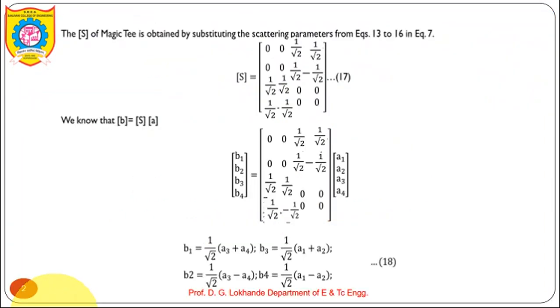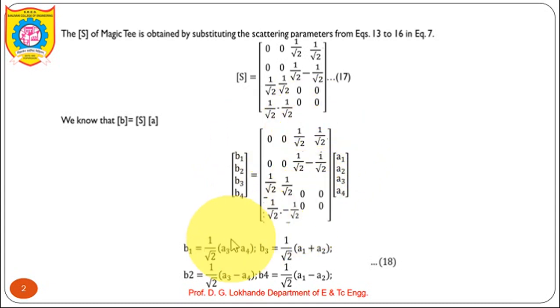Before going to that, we will see what exactly the magic tea scattering matrix is. In the magic tea scattering matrix, B1, B2, B3, B4 are the reflected voltages, whereas A1, A2, A3, A4 are the incident voltages.